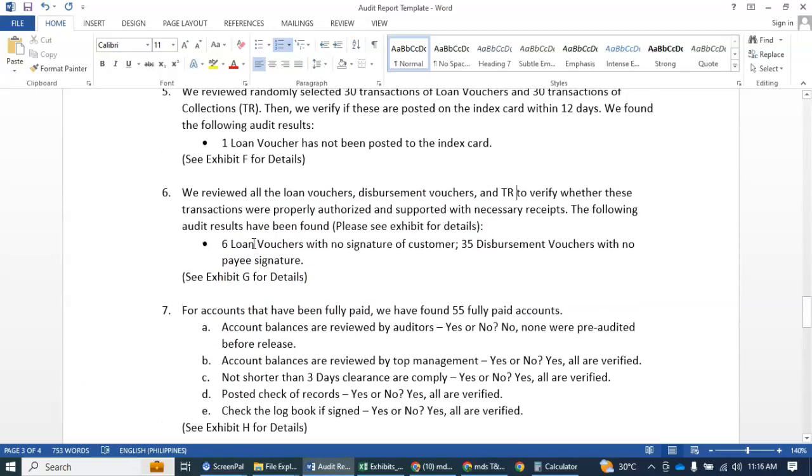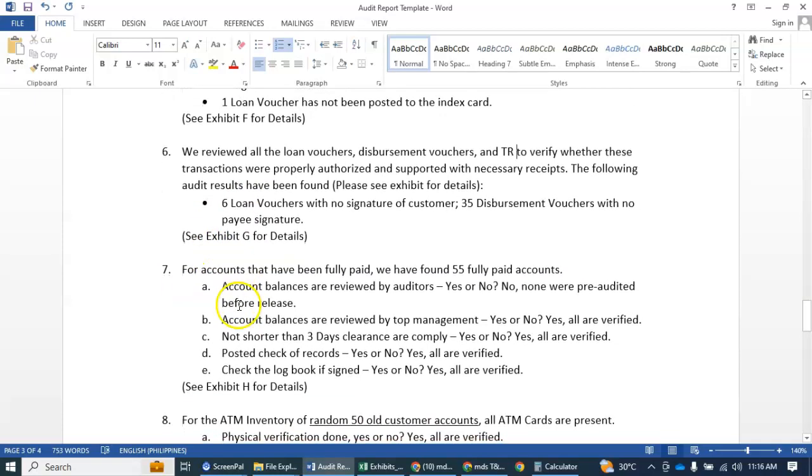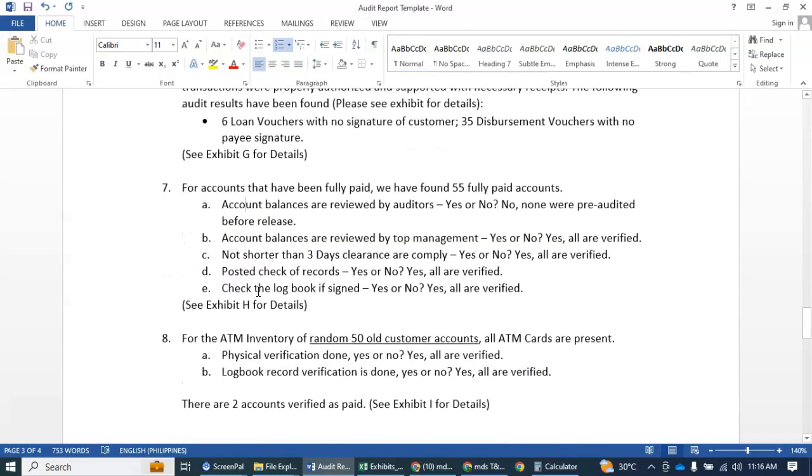Okay, so in number six, number seven, this is for accounts being fully paid. There we have some procedures on how to evaluate that. So we review the account balances to see if they are accurately computed.